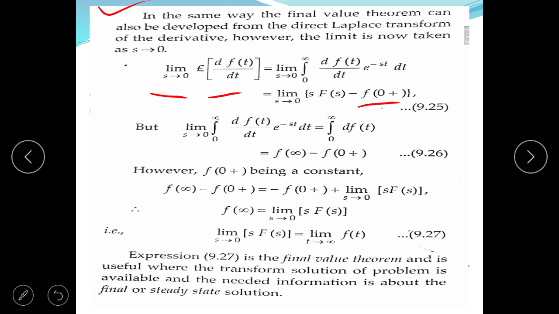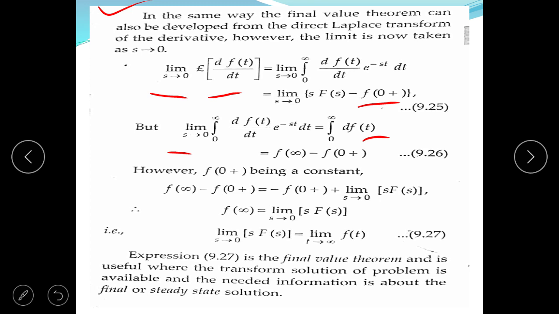But limit s tends to 0 of the integral from 0 to infinity of df(t)/dt e to the power minus st dt is equal to the integral from 0 to infinity of d of f(t). So, f(infinity) minus f(0+).